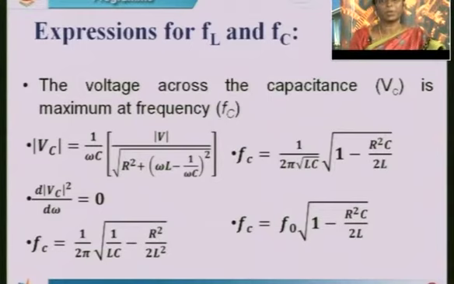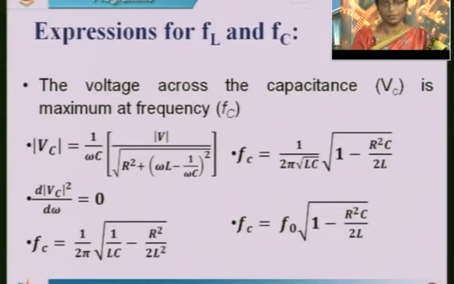So the equation reduces to Fc, the frequency at which the voltage across the capacitor is maximum, equal to F0 times the square root of (1 minus R squared C by 2L).